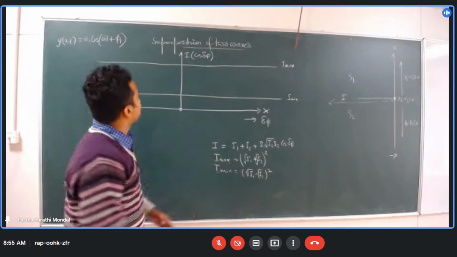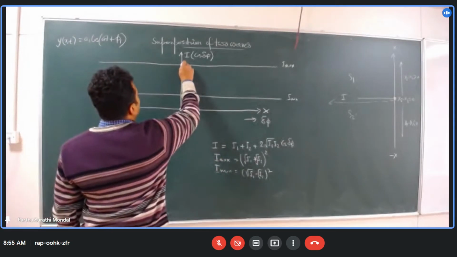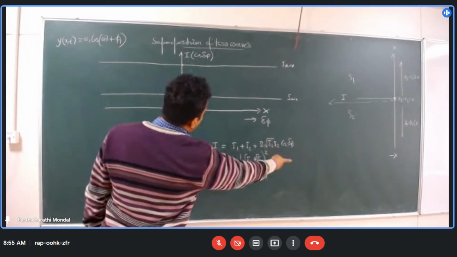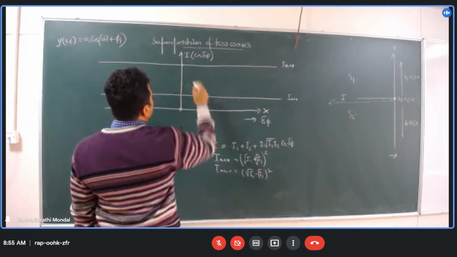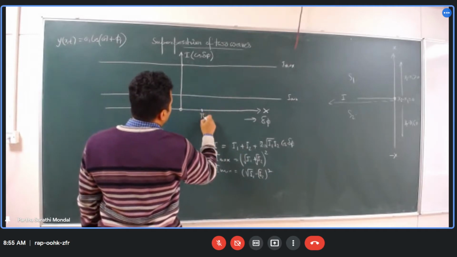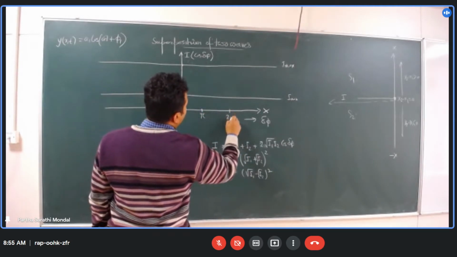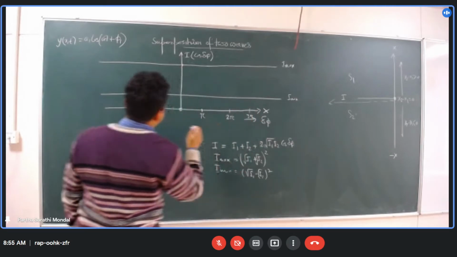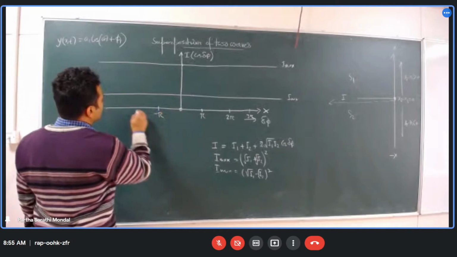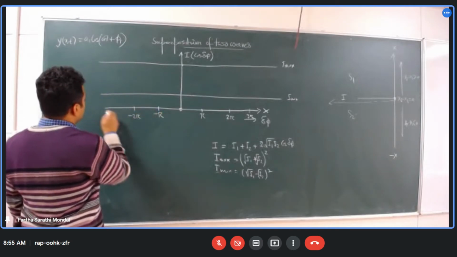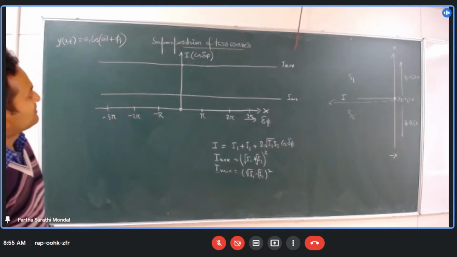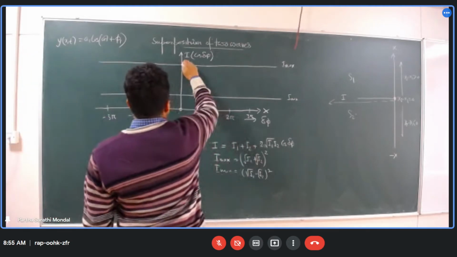You will get maximum intensity. So your intensity will be here. Okay. Now, if I move to pi, then it will again become 0. So let's say this is pi, this is 2 pi, this is 3 pi, minus 2 pi, minus 3 pi, like that. So that means it will just swing like this.